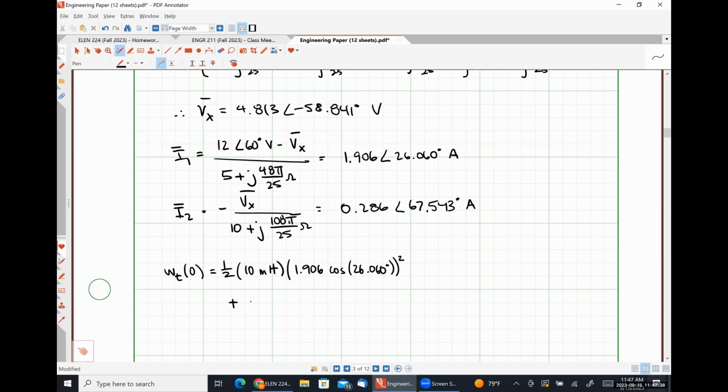Add to that 1/2 30 millihenries. Here's I2. So 0.286 cosine 67.543 degrees squared.